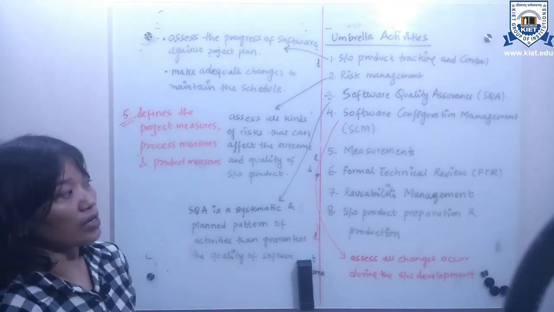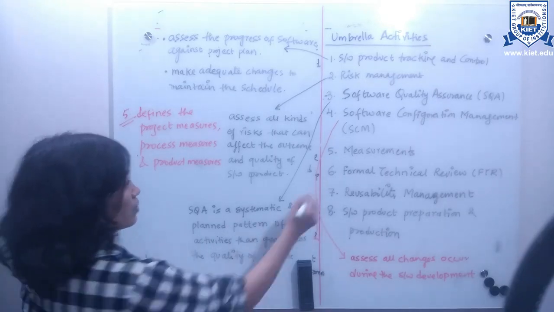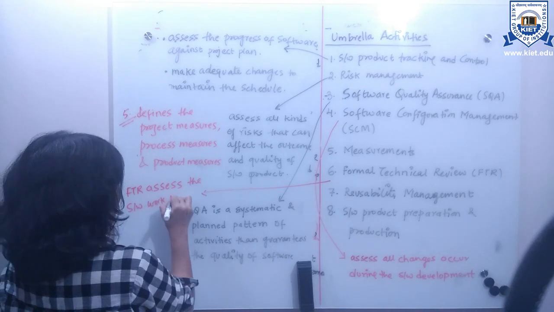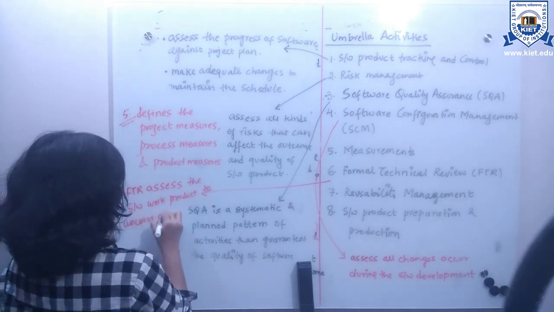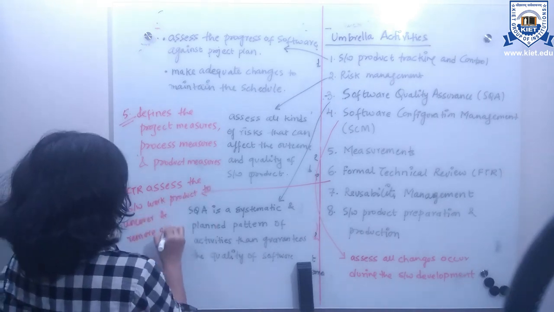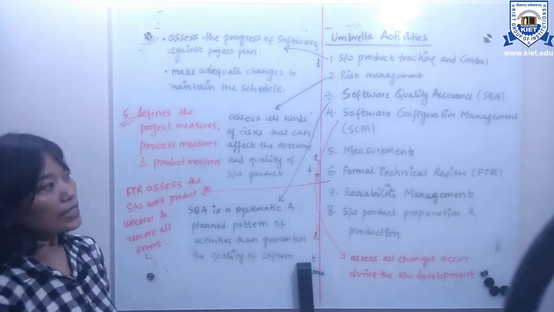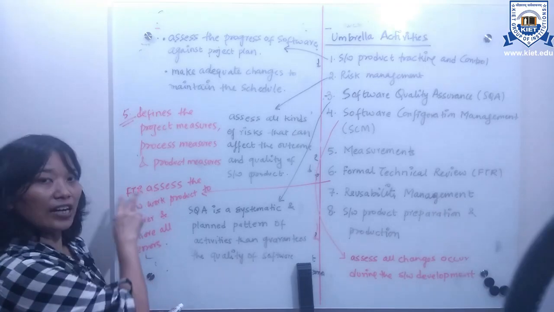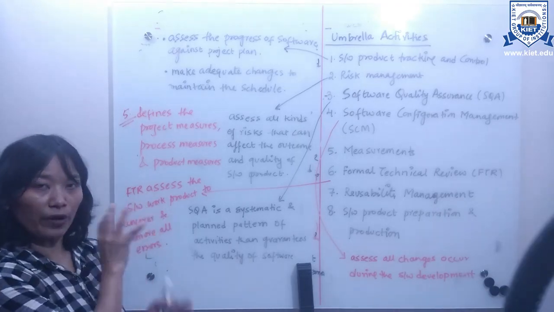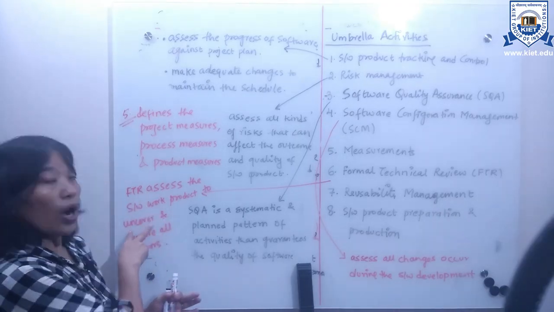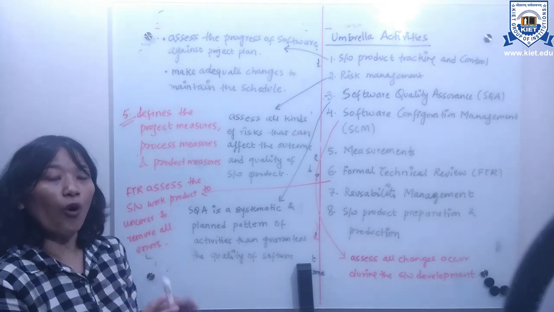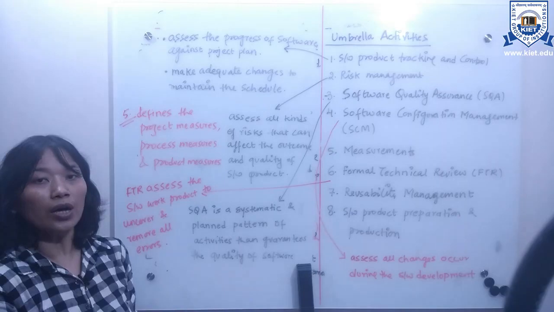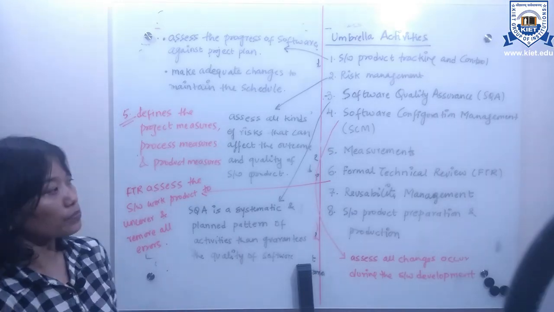The sixth one is formal technical review. The formal technical review assesses the software work product to uncover and remove all the errors in the code so that it goes to the next activity.